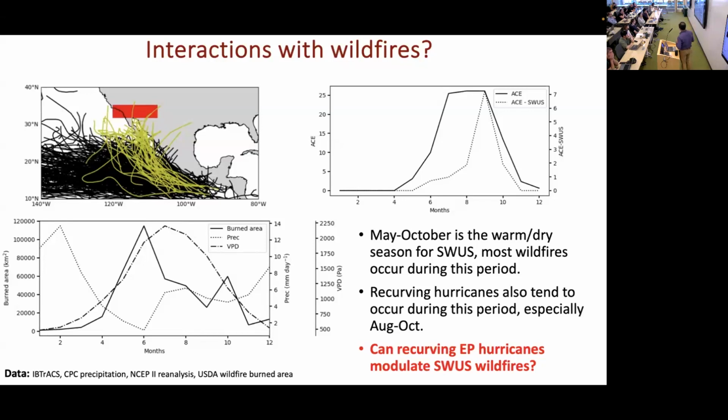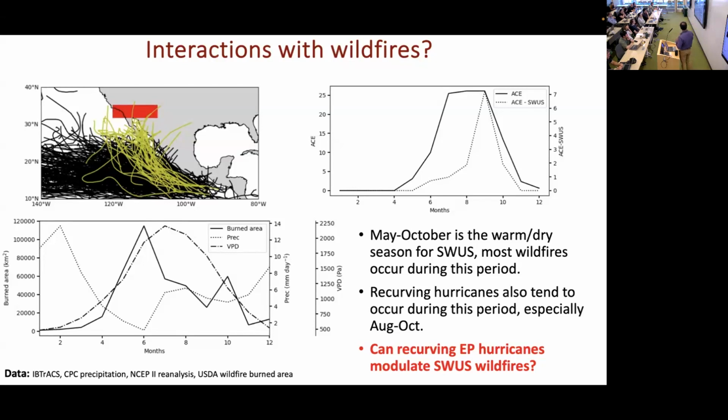In the top right, what you see is a seasonal cycle of Eastern Pacific hurricane activity. This is represented by an index called ACE, which stands for accumulated cyclone energy. The solid black line is the ACE for the overall hurricane activity, and the dotted line is only for the recurving hurricanes.